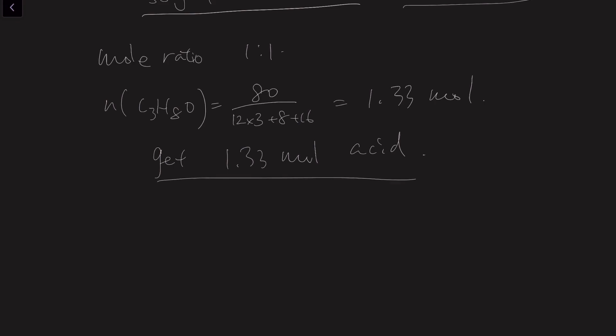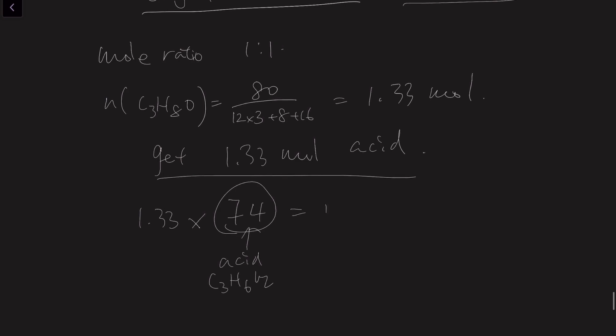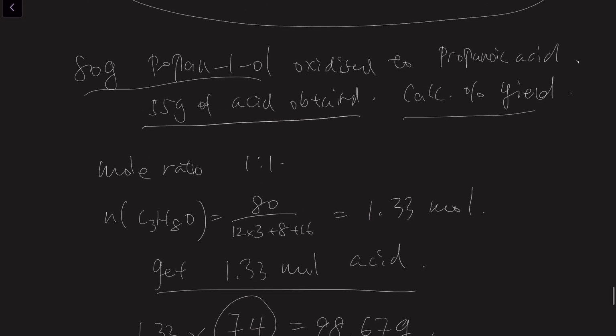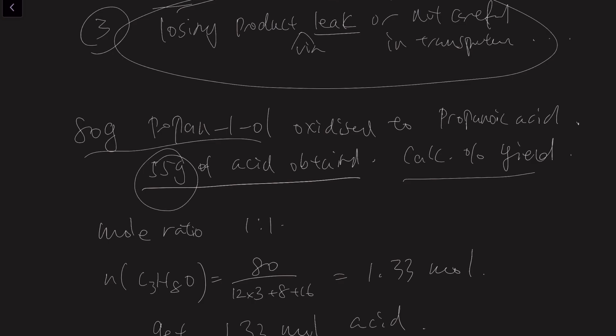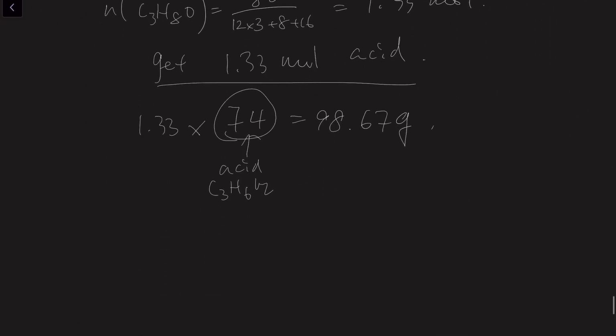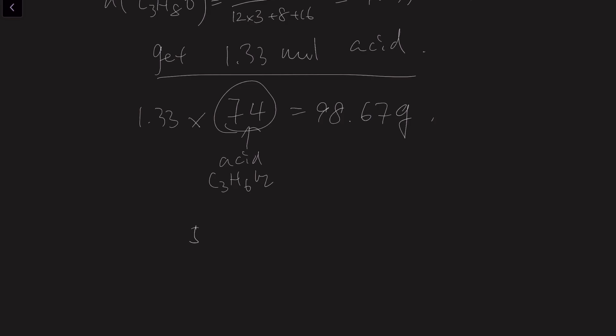So 1.33 mole of acid, if you times the molar mass of acid, which is 74, you should get 98.67 grams. And now you only have 55 grams. So using the formula actual yield divided by theoretical yield, 55 divided by 98.67 is 55.7%. So this is the yield of your chemical reaction.